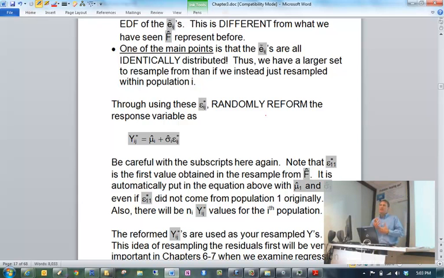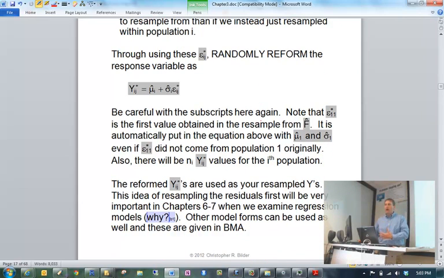Okay, so we have these epsilon stars. What do we do with them? Well, we use them to find our y stars. That's the whole purpose of what we're trying to do here. We want y stars. So we're going to set y star sub ij equal to the observed mean plus the observed standard deviation times epsilon star. For example, y11 star is equal to mu hat 1 plus sigma hat, and then based upon my little example, E tilde 1,3.